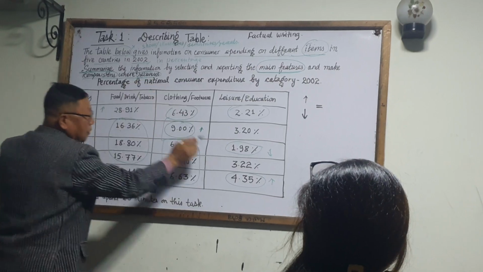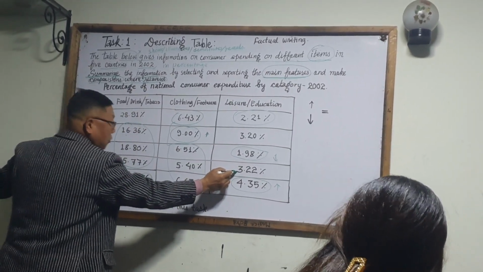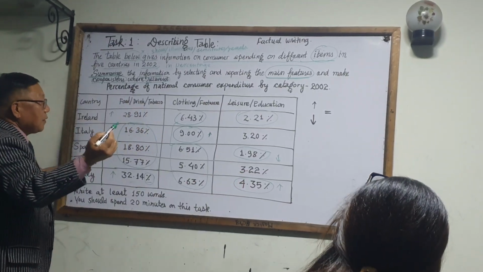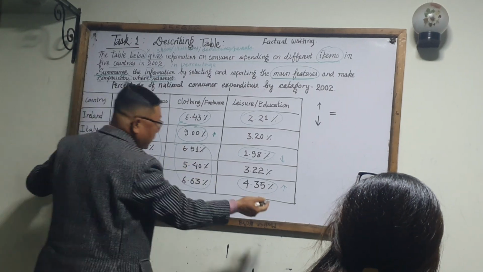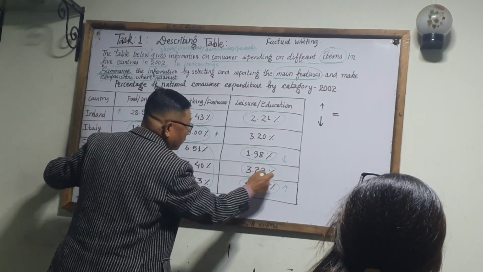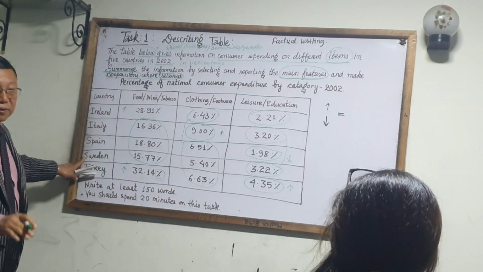Compare where relevant. Italy and Sweden are the same. Their customers were spending their budget on leisure and education the same amount.